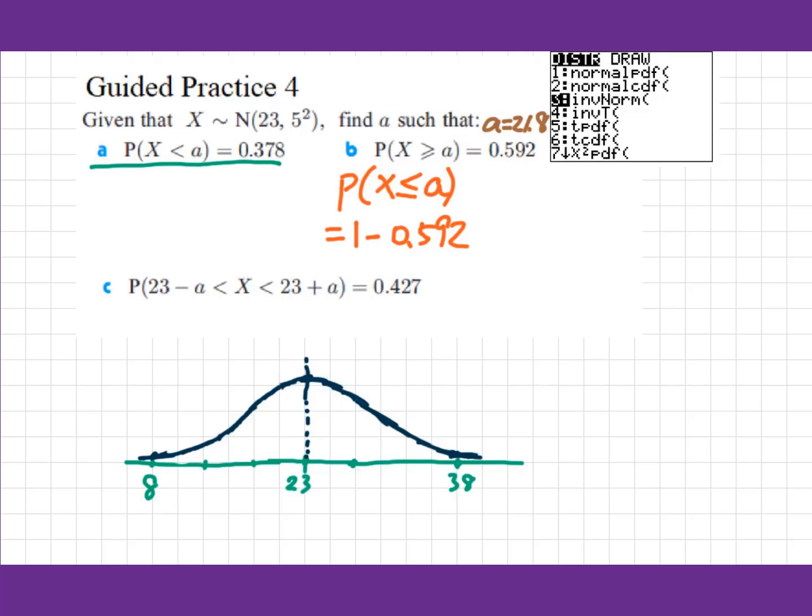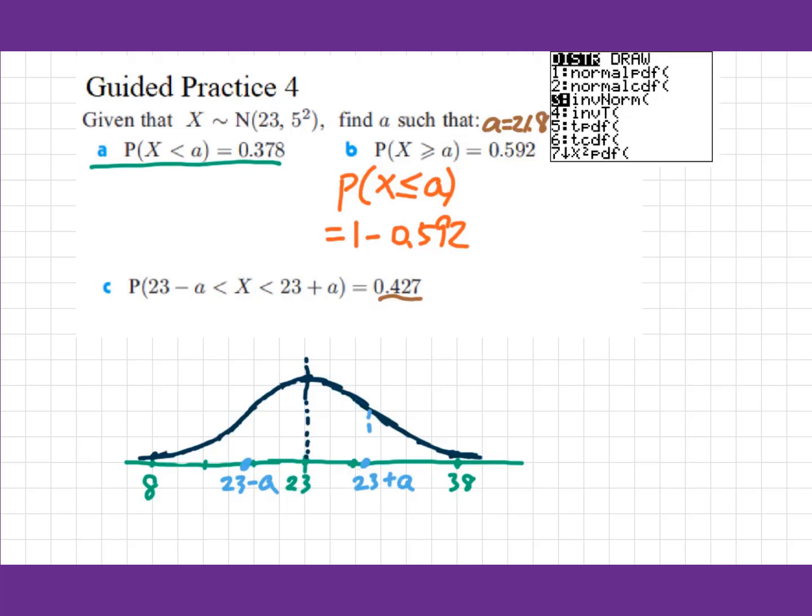Now let's go to C. Probability of x greater than 23 minus A and less than 23 plus A equals 0.427. We're looking for this A. First of all, we sketch this normal distribution curve. Suppose this is 23 minus A, and it will be 23 plus A here.